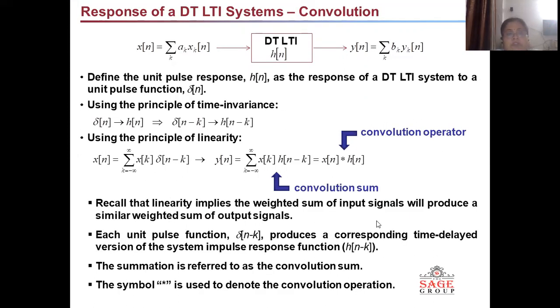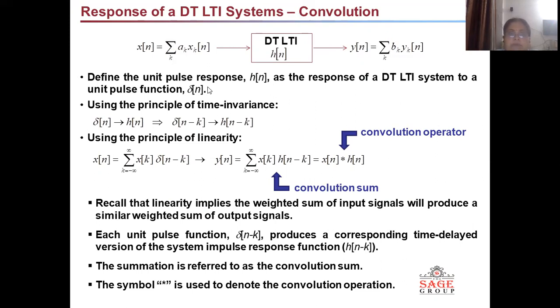Now, the response of a discrete time LTI system is given by the property of the convolution. Here, the input is x[n], h[n] represents the response of the system, and y[n] represents the output of the system.